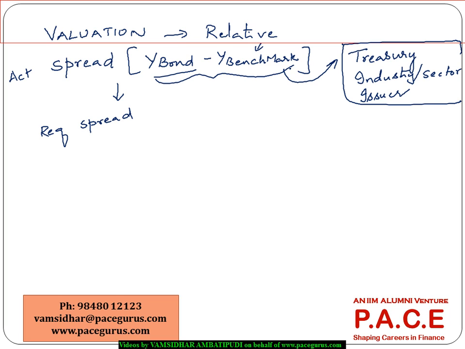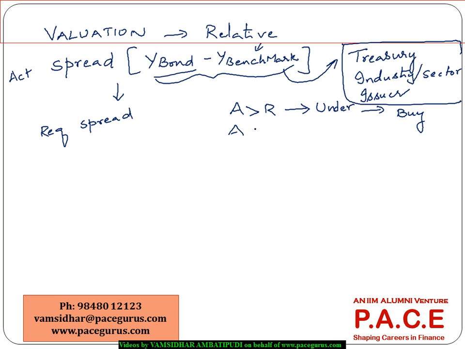If the actual spread is greater than the required spread, we say the bond is undervalued. It is available at a cheaper value, so it is better to go for a buy on those bonds.